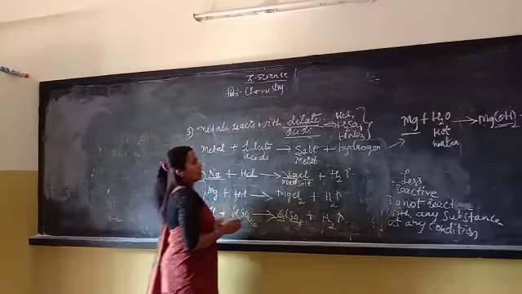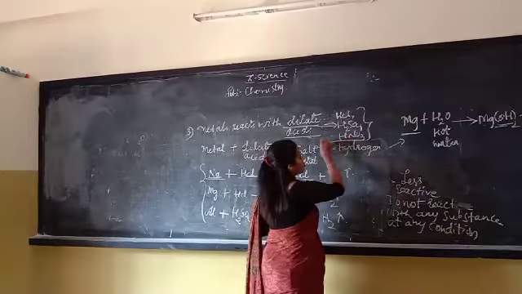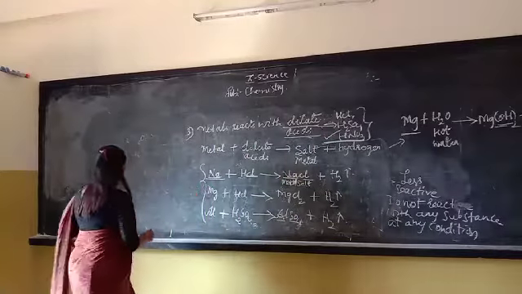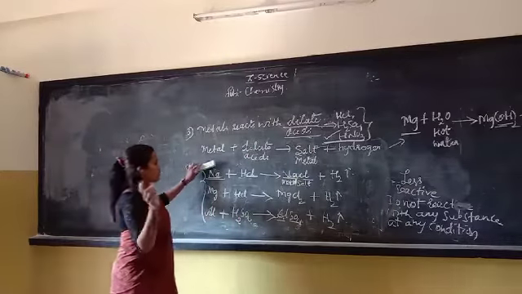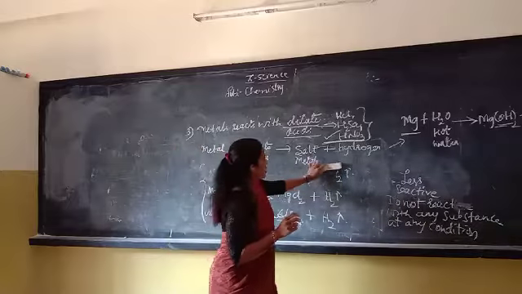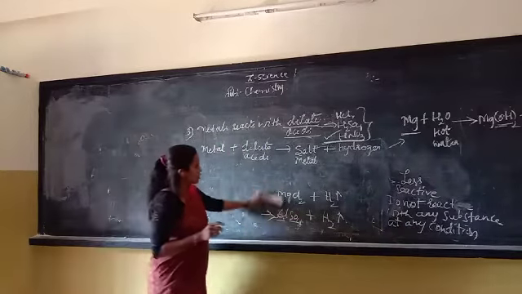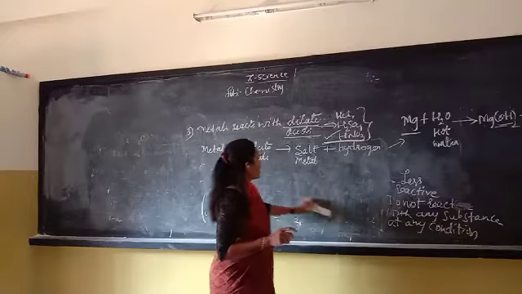Next, here the metals do not react with nitric acid. You have to observe that metals do not react with nitric acid. Why? What is the reason metals do not react with nitric acid?